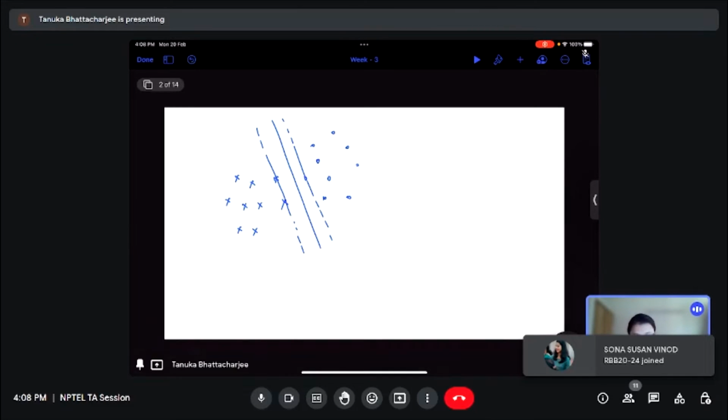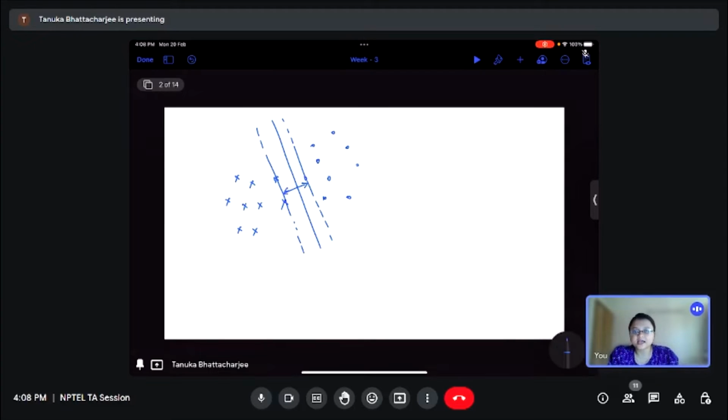So here this is the margin between the two classes, and I am placing the decision surface such that this margin is maximized. This distance is basically the distance of the closest point of this class from the decision surface, and this is the distance of the closest point of this class from the decision surface. So both will be equal.